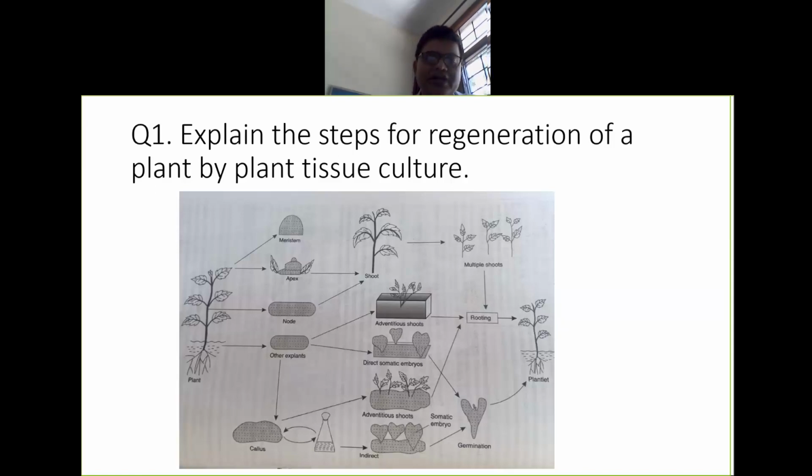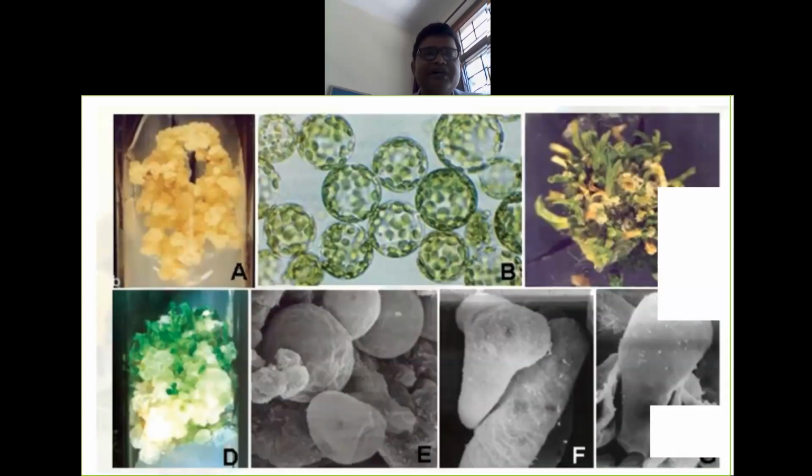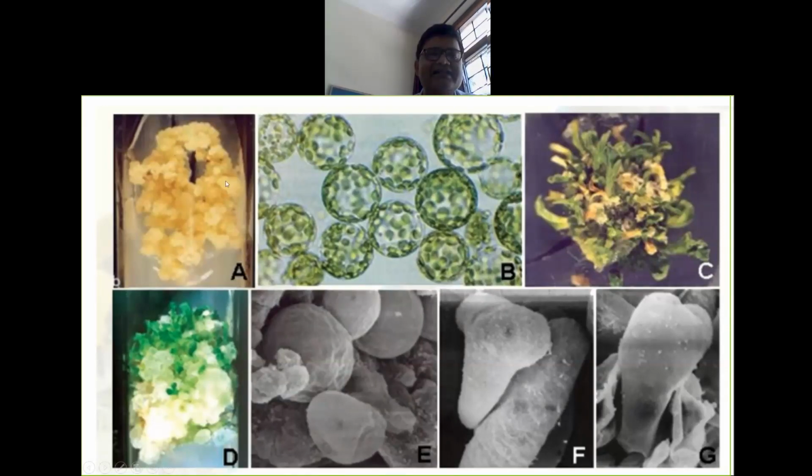If there is equal concentration of auxin and cytokinin in the media, then you will find a structure that is callus. This one is callus. It is undifferentiated. We cannot differentiate whether it is a root part or stem cells. It has the ability to divide and multiply, but we cannot demarcate whether it is a stem cell or root cell.